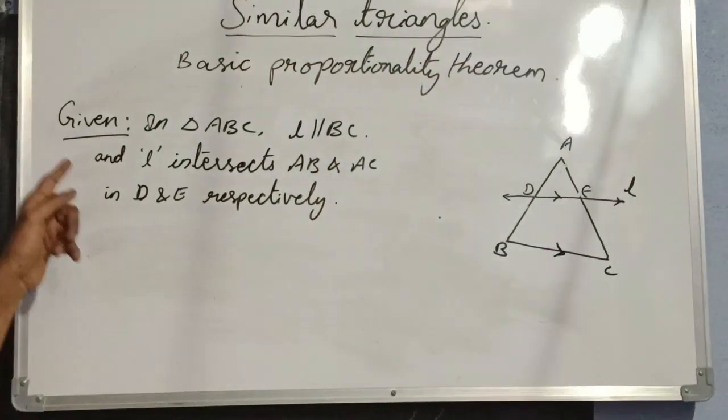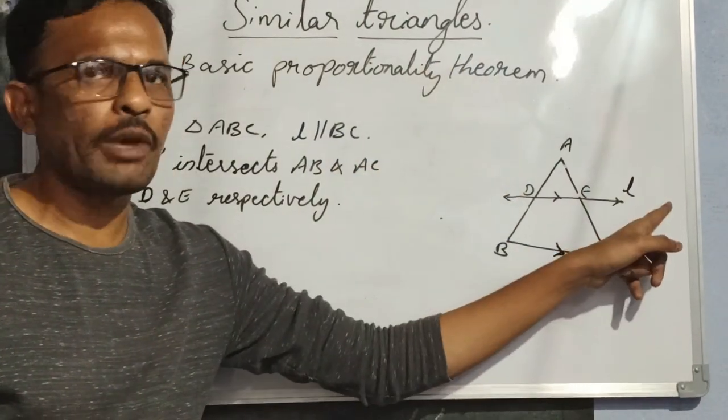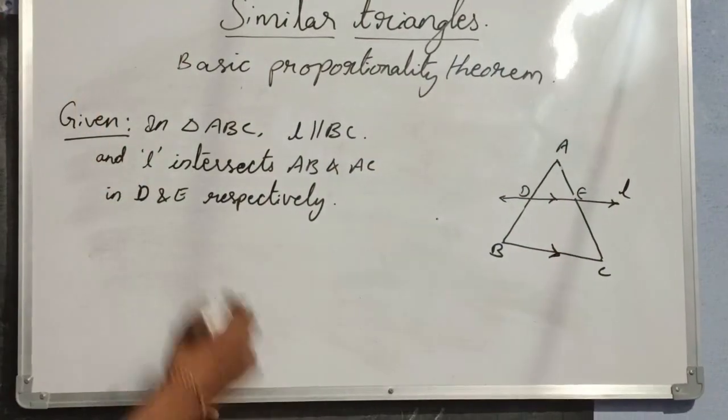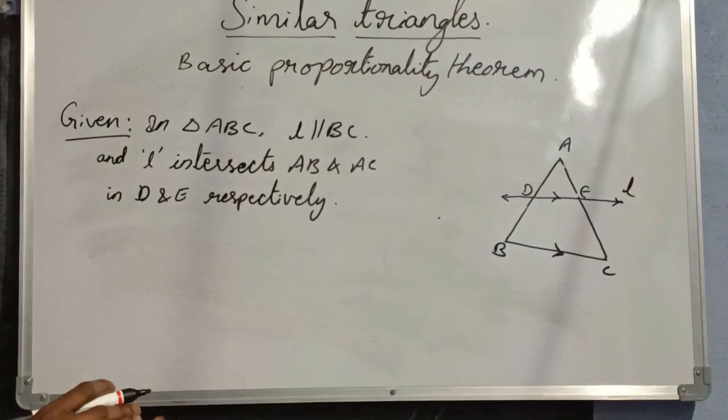Once again, in triangle ABC, L is drawn parallel to BC and L intersects AB and AC in D and E respectively.